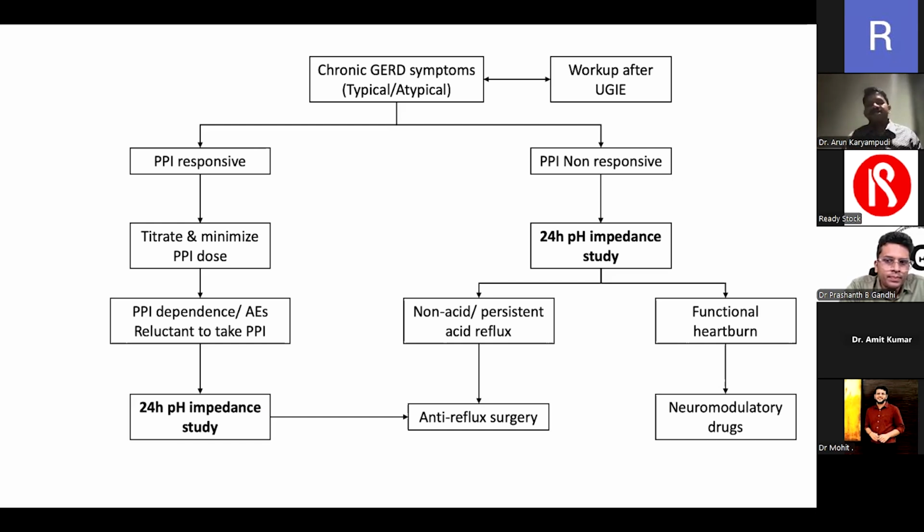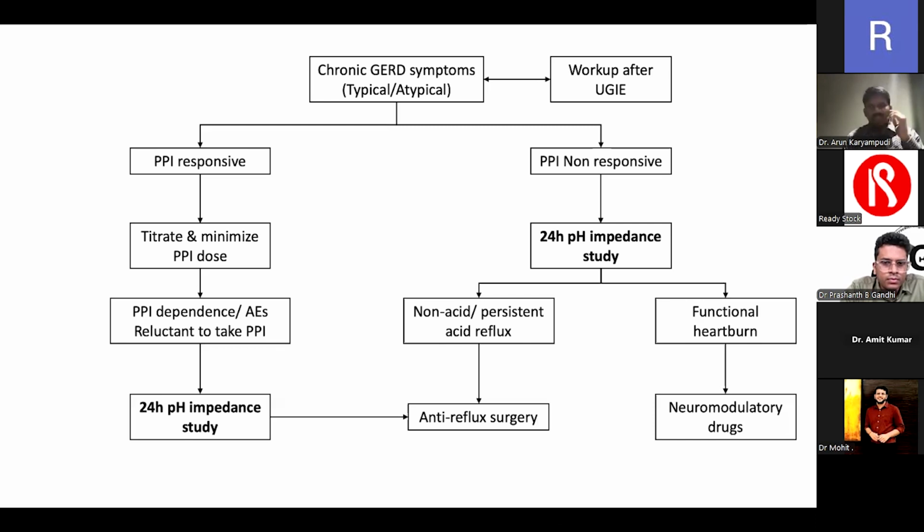But on the other hand, if a patient is PPI non-responsive, then definitely this is an indication for a 24-hour pH-impedance study. Remember, in a case of non-responsive GERD or refractory GERD, pH impedance is always preferred over a simple pH study.